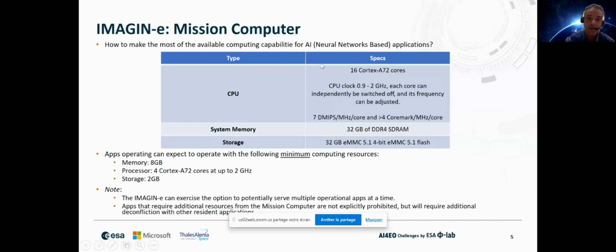It will not be everything at the same time, only a subset of these resources. About 8 gigabytes of memory, 4 cores available at minimum at 2 gigahertz, and 2 gigabytes of storage. So those figures are big, but not so big. We need to be a bit careful about what we do, and in terms of application design, it's important to have that in mind.